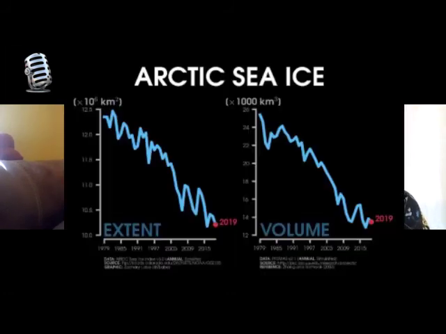Okay. Arctic sea ice extent and volume. It takes us to 2019. It's still crunching the numbers for 2020. So on the left side, the extent, that's 10 to the 6, that's going to be 1 million square kilometers. So like 11 million square kilometers, 12 million square kilometers.